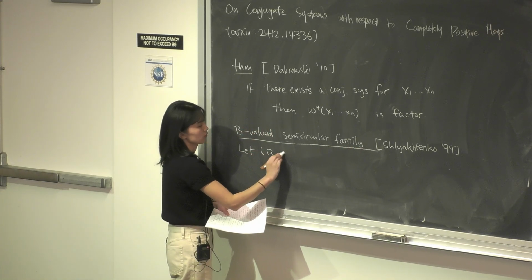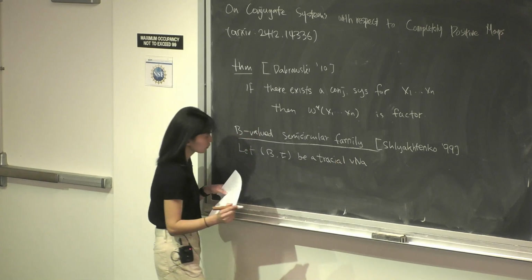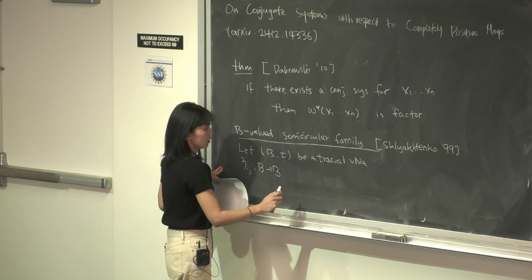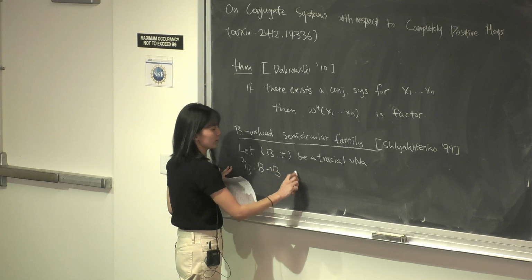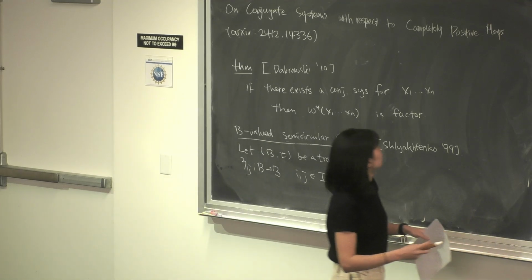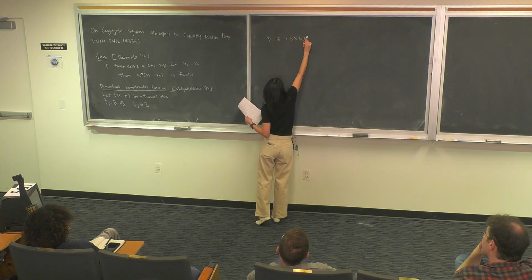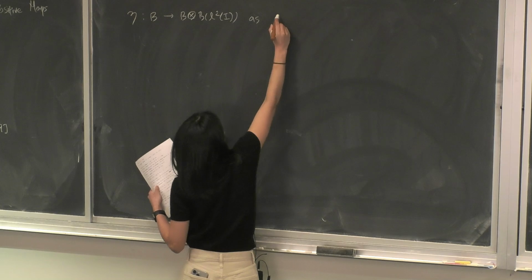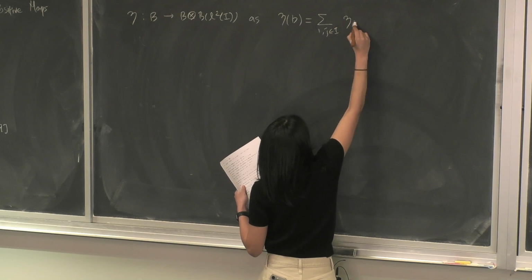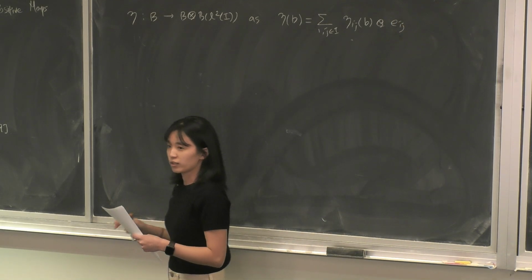Let B be a tracial von Neumann algebra, and let eta ij from B to B be linear mappings, with ij in a countable index set I. Then we define eta from B to B tensor B tensor L2 of I as the summation of eta ij tensor eij, where eij is a matrix unit.